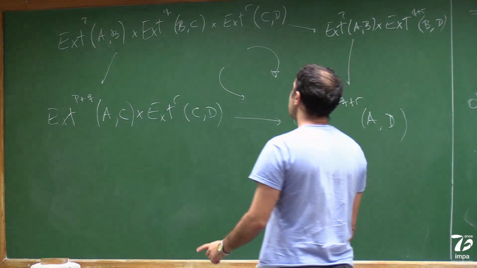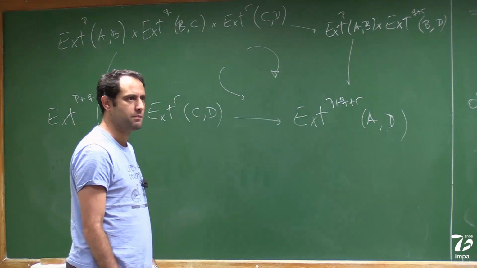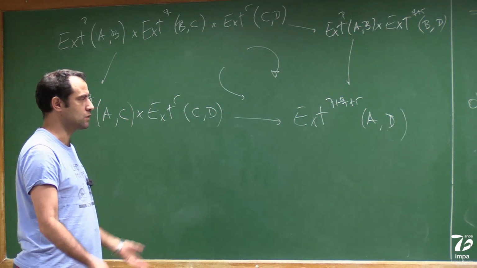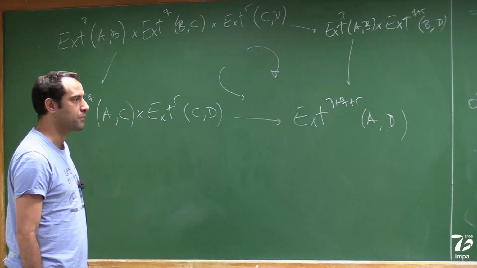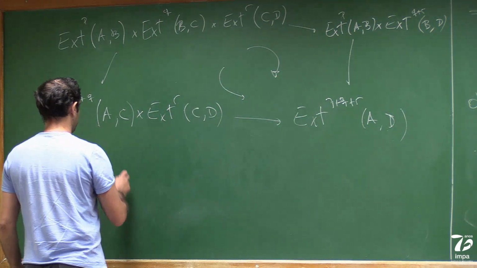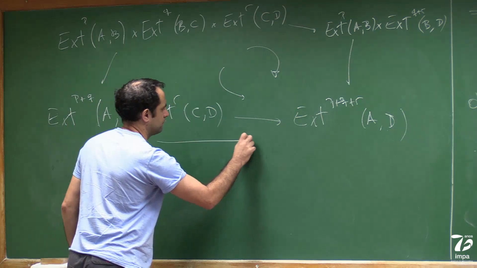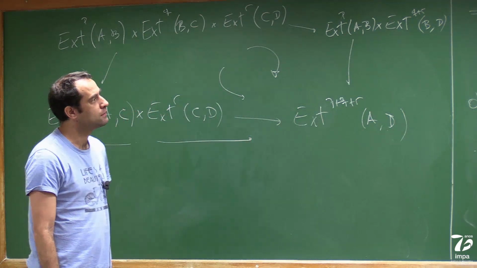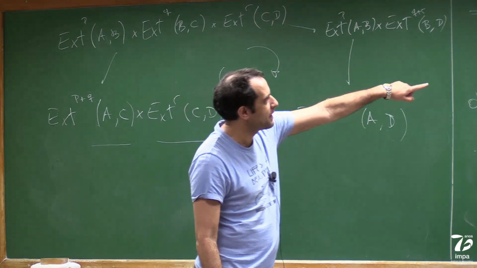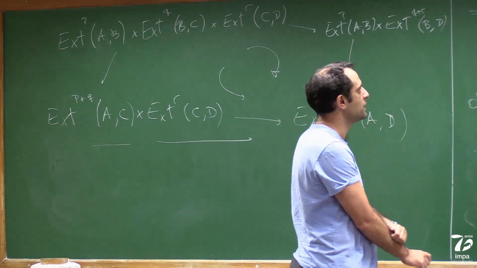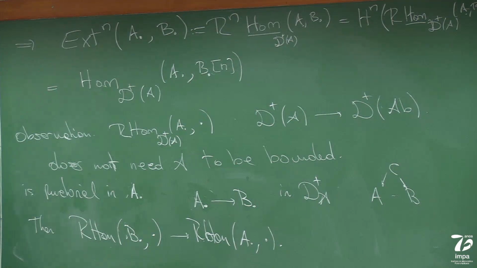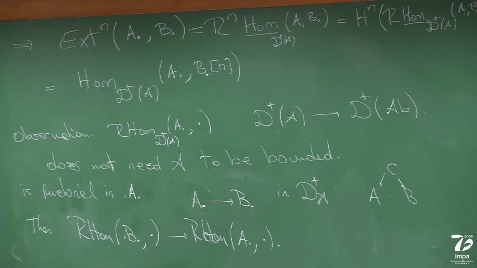Now, if I take A, B, C, and D to be just one object, then this is by definition the associativity of that product. This we didn't get for free. We get this for free by this isomorphism, which is just abstract nonsense, instead of doing this by hand. Computing this multiplication on Ext groups is not so tricky.